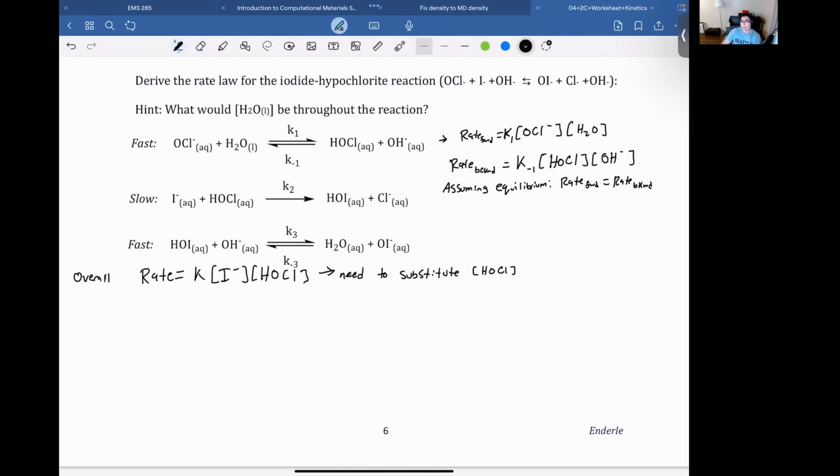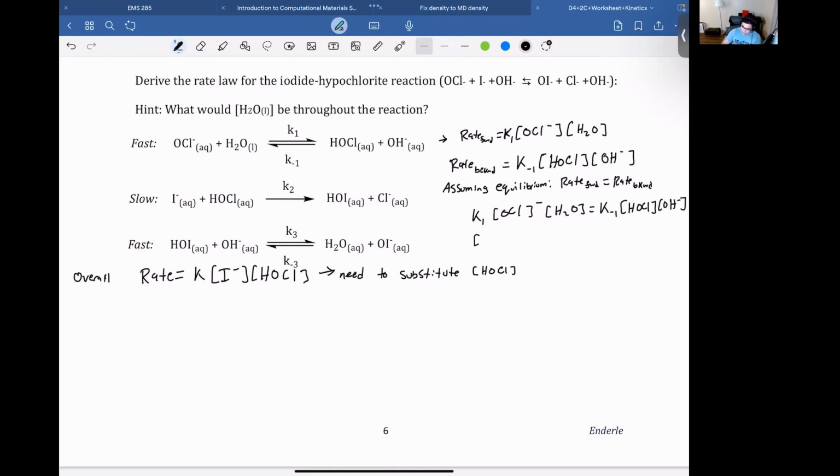That is the definition of our equilibrium. So if you're at equilibrium, then you know that the forwards rate, which is K1 times the concentration of the hypochlorite ion times the concentration of water, is equal to the backwards rate constant times hypochloric acid times this OH minus.